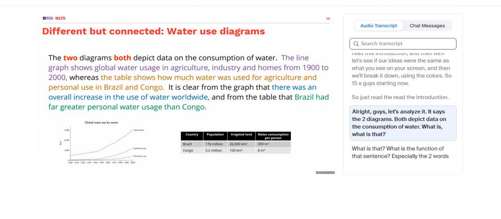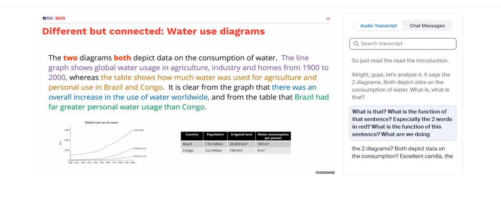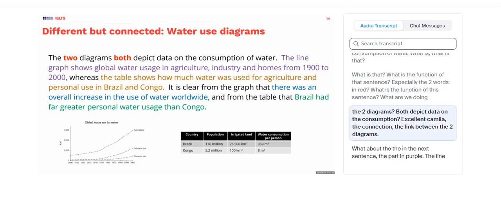It says the two diagrams both depict data on the consumption of water. What is the function of that sentence? Especially the two words in red. What are we doing? The two diagrams both depict data on the consumption. Excellent. The connection, the link between the two diagrams.